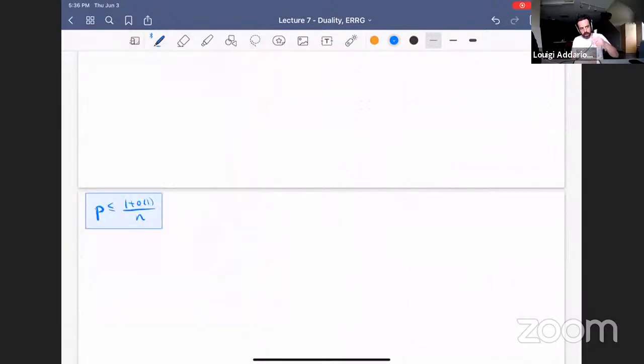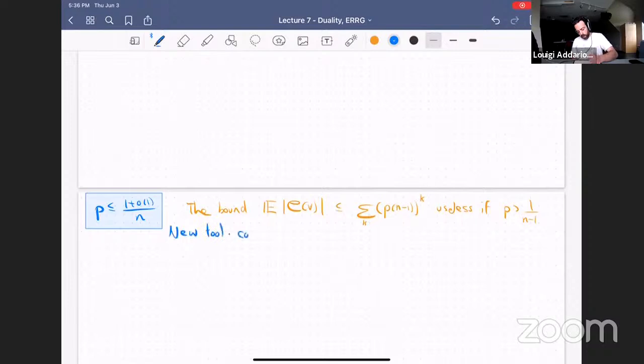In this case, the bound we got, the expectation which was the sum of (pn minus 1) to the k, is useless if we're allowing p bigger than 1 over n minus 1, obviously. So we need to do something else. And the new tool we use is comparison with the branching process.